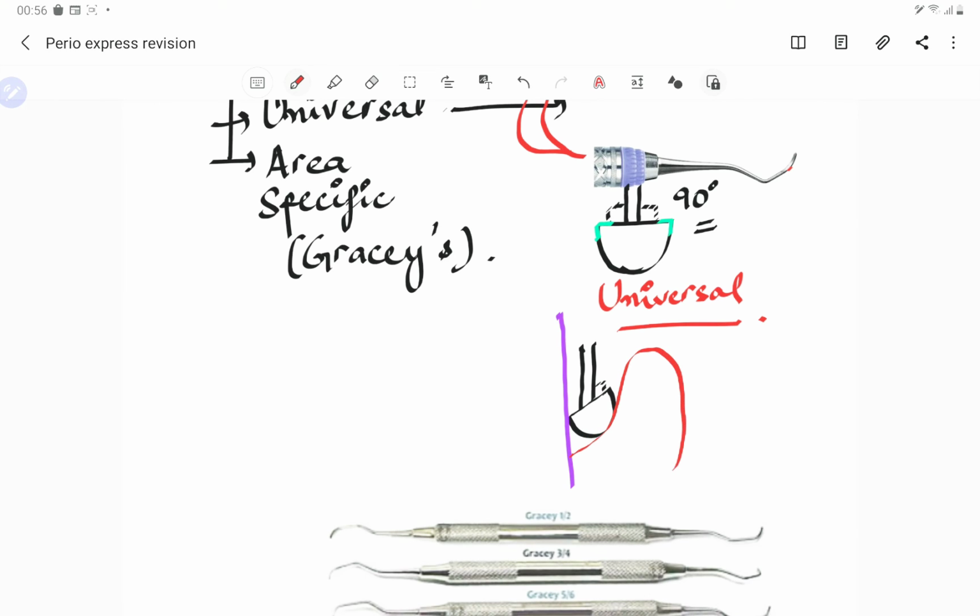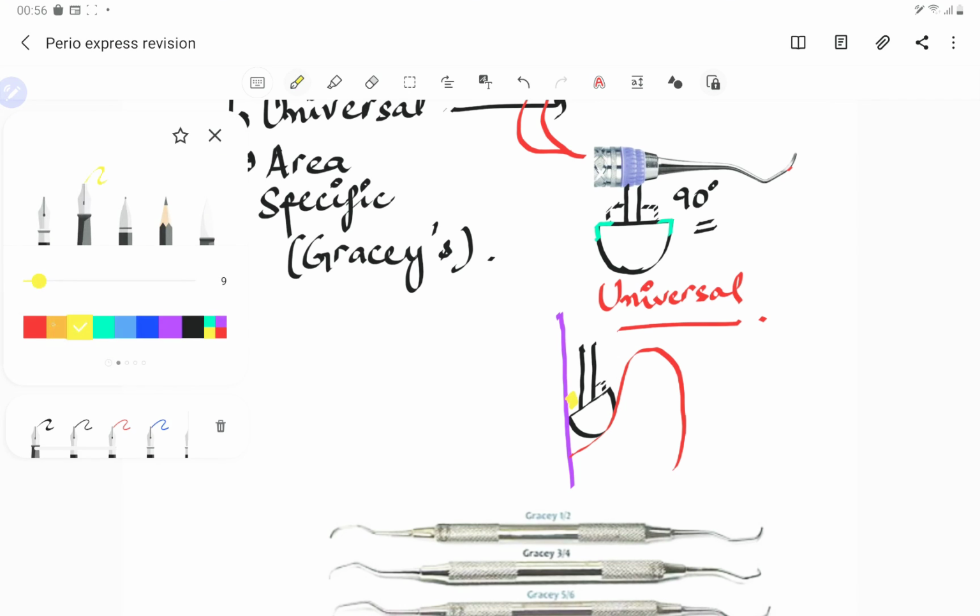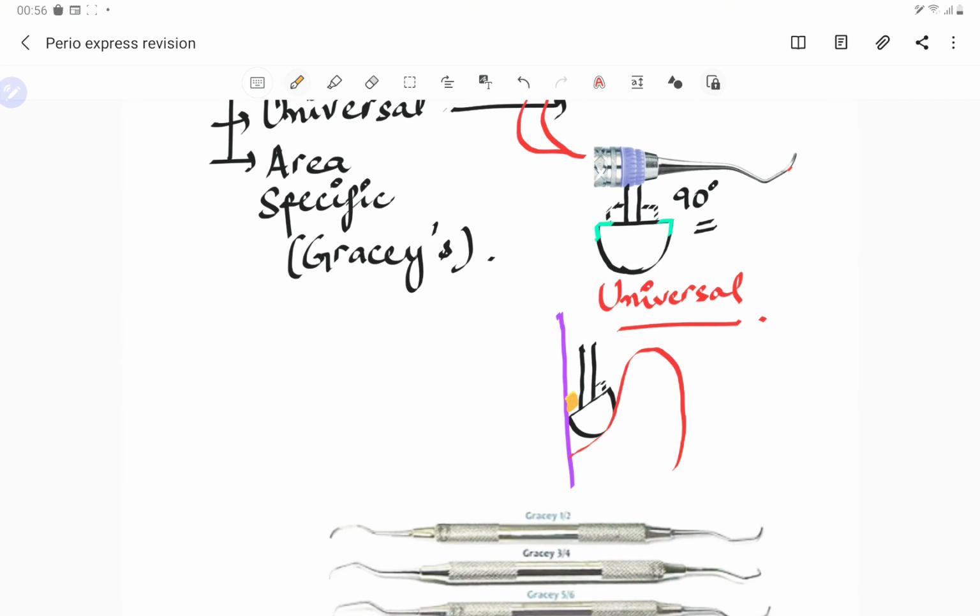We put it in the pocket epithelium. We want to remove this calculus, which is not visible. We can easily remove this calculus by this pulling motion. If we pull this curette, it will take away this chunk, and the epithelium is not touched.